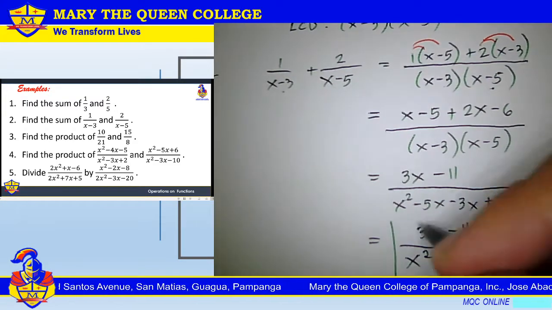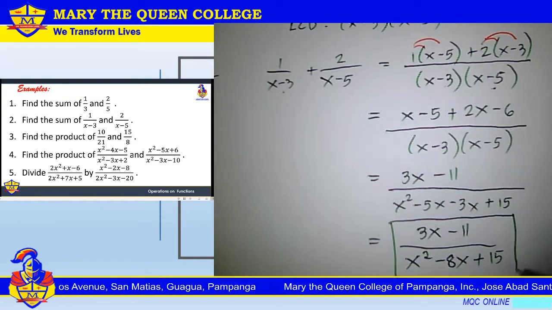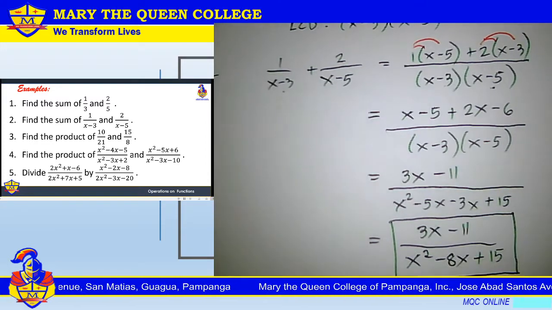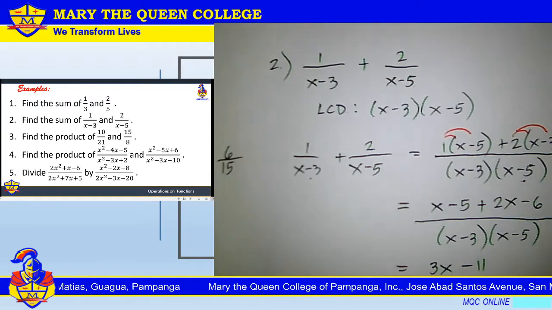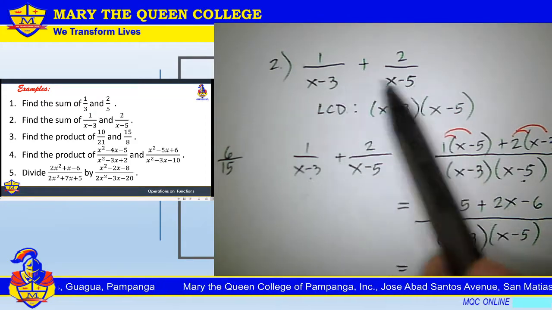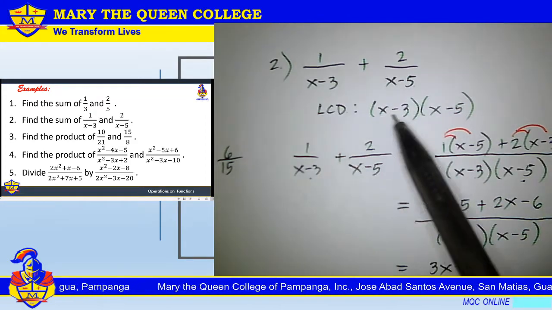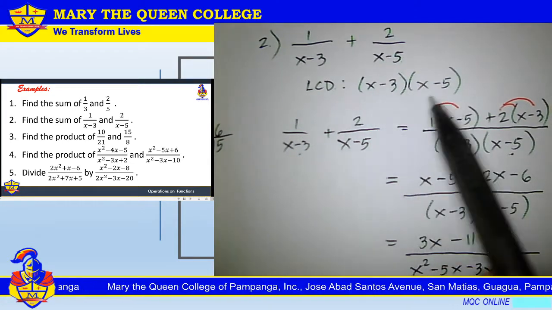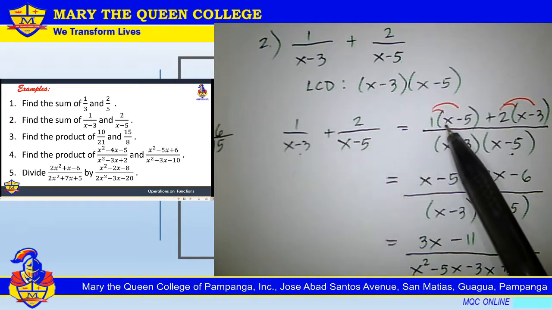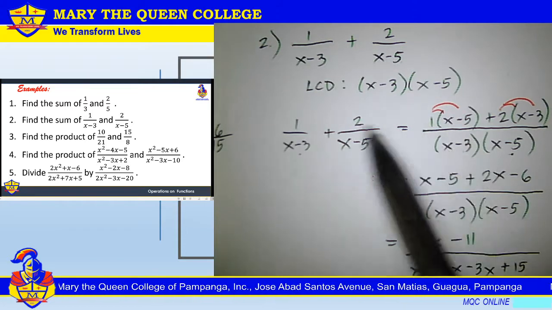So this is now the sum of our rational expressions. So yun po siya. Again, recap natin. Get the LCD nung nasa baba. Kung walang eksakto, i-multiply lang. Tapos, yung LCD, i-divide dito. Yung matitira, yun yung magiging multiplier natin.